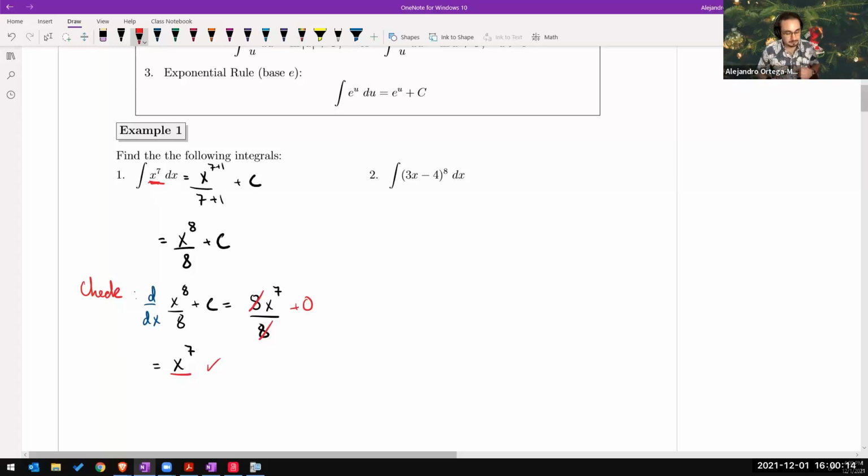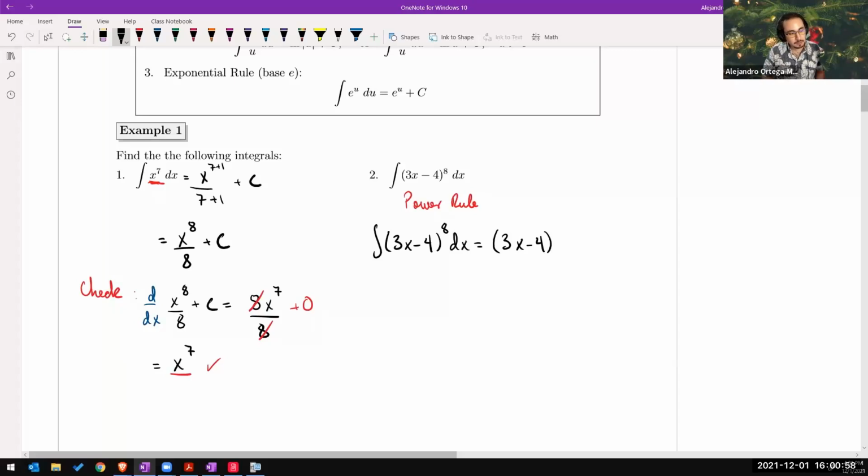So let's see here. Let's say that we're not too sure, but we simply go ahead and attempt to use the power rule for this one. If we use the power rule, we're simply going to be getting the integral of 3x minus 4 to the 8 dx, which equals 3x minus 4.